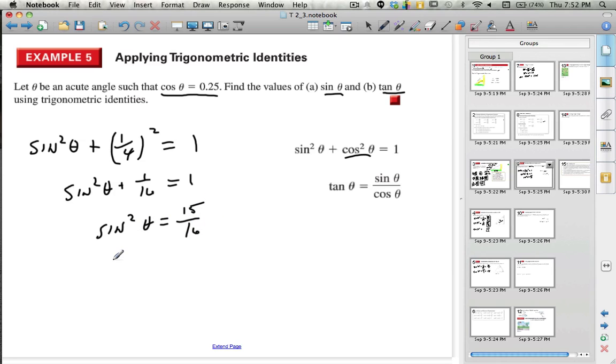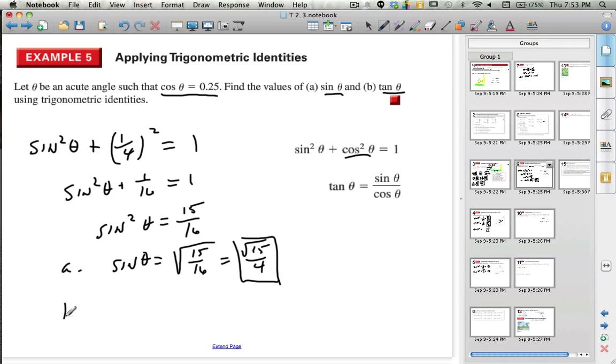And then if I want to find sine, I have to take the square root. So sine of theta would be equal to the square root of 15/16, which would be root 15 over 4. So that's that. And then if I want to find tangent, I know tangent is sine divided by cosine.